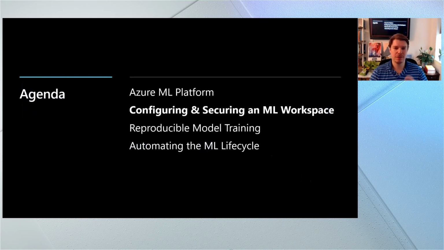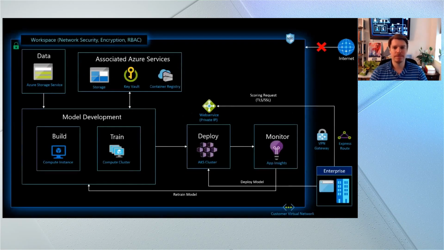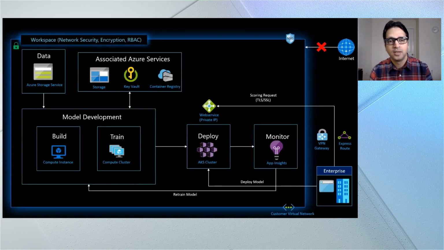Now I'm going to hand it off to Ashish to talk about how do I take this workspace construct and secure it and lock it down. Thanks, Jordan. So the very first thing an IT admin has to do before you can start using Azure Machine Learning is to provision this Azure resource called Workspace.